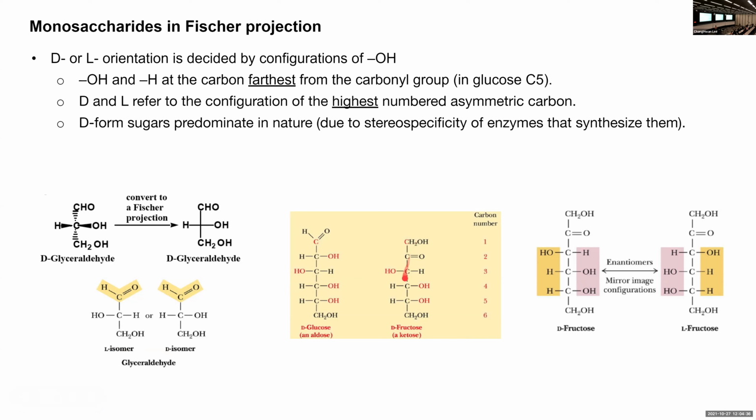The numbering is important too, for the aldoses and ketoses here. And we also talked about enantiomers and other stereoisomers. So you should be able to tell if something is an enantiomer or another type of isomer.